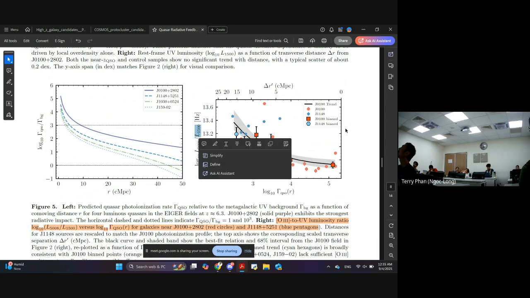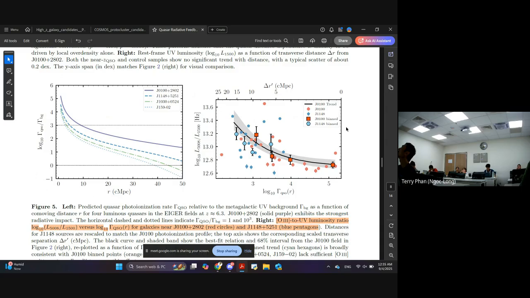And so essentially what they were doing is they made a ratio between O3 luminosity and UV luminosity. The reason they did that is because the O3 emission shows star formation, while the UV emission shows the background, the emission of stars that are already there.